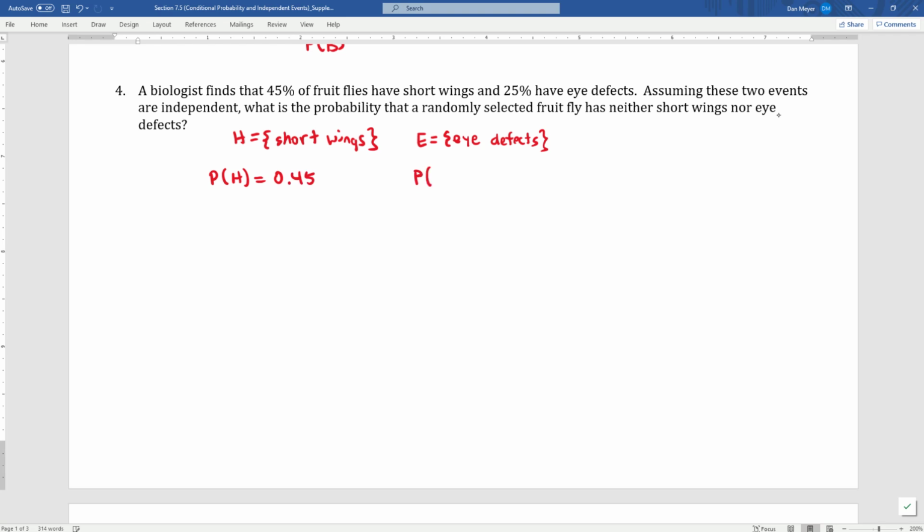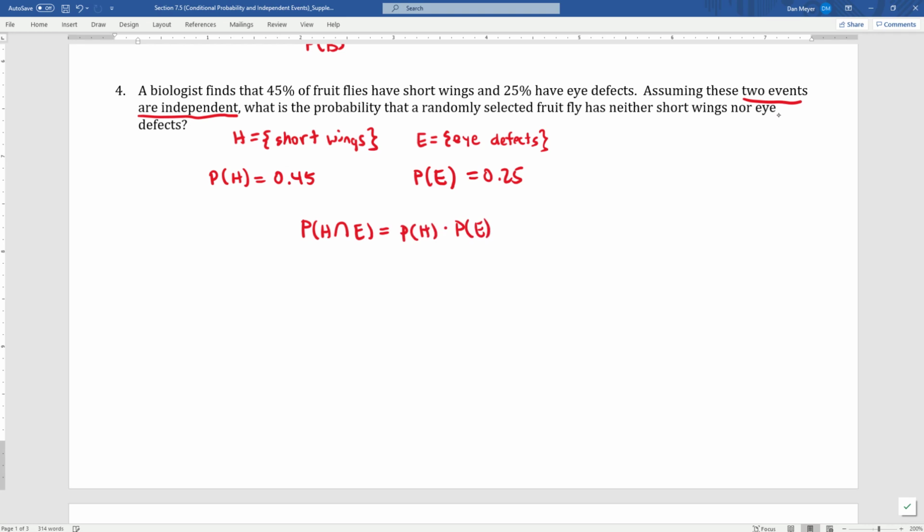The probability that a fruit fly has eye defects is 0.25. And then they also told us that those two events are independent. And so we could say that the probability that a fruit fly has short wings and eye defects is the probability that they have short wings times the probability that they have eye defects.